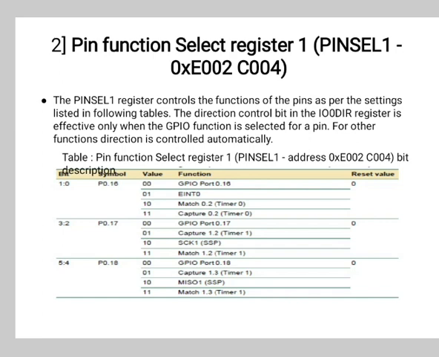For 01 it is EINT0, for 10 it is match point 0 of timer 0, and 11 it is capture point 0 of timer 0. For bits 3:2, for 00 it has GPIO port 0.17, 01 is capture 1.2 of timer 1, 10 is SCK of SSP, and 11 it is match point of timer 1. And so on.